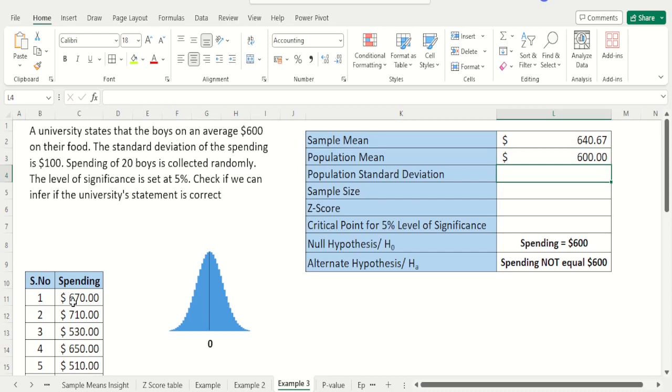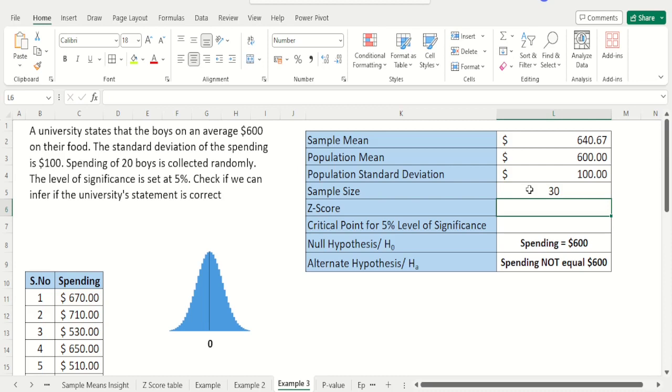The historical estimates by the university put the standard deviation at $100. So some people spend more, some people spend less. Now we come to the sample size. We took a sample of 30 students.